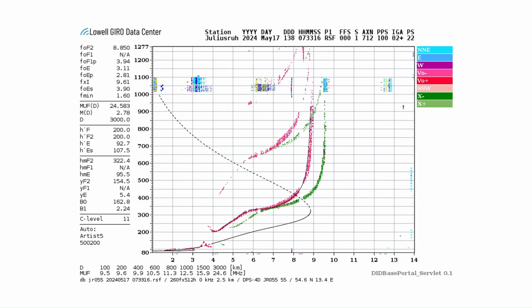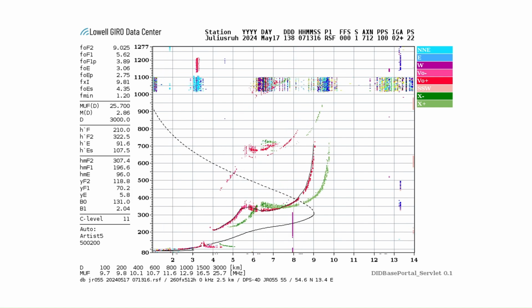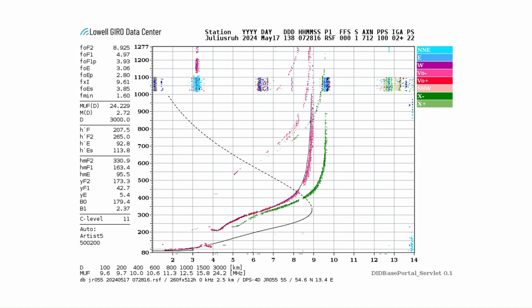And so here, again, foF1 is now here around 5.6 or so megahertz. It's sunrise, so the value has increased from what we saw before. Are you sure? Hmm? Because the predicted value is at 3.9. Note the date of this ionogram.